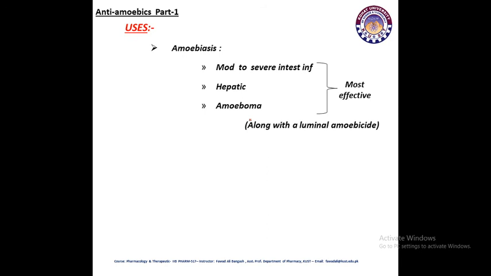They are effective in amoebiasis, in mild to moderate intestinal infection and severe infection. They are effective in hepatic amoebiasis, extra-intestinal infection, amoebic liver abscess. Along with the luminal amoebicides, they are effective in amoebiasis.